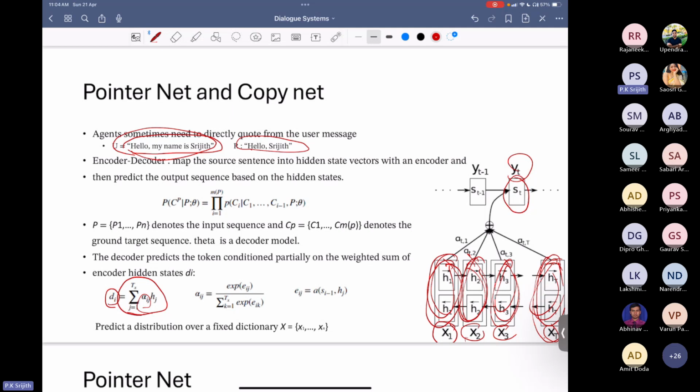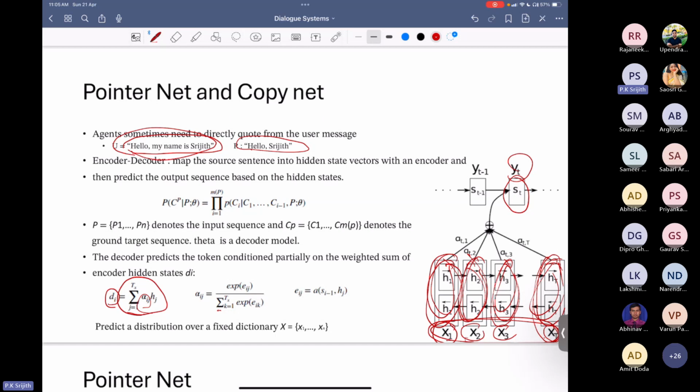And you often obtain that attention mechanism as some kind of a probability distribution over the hidden representations of the inputs.